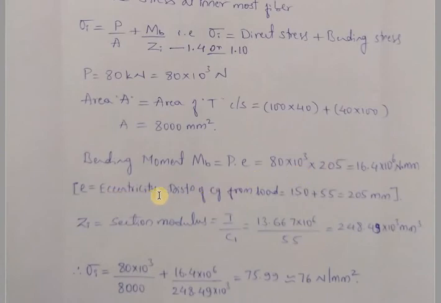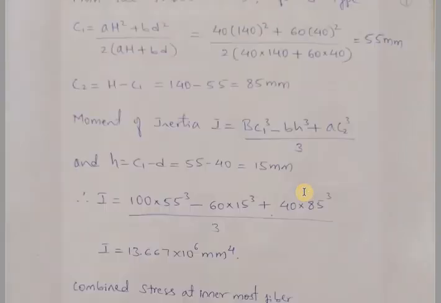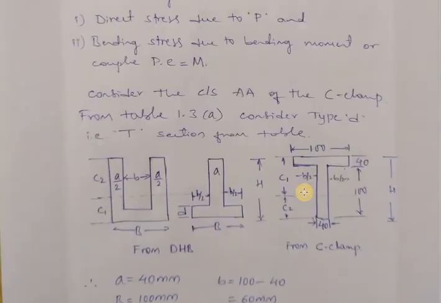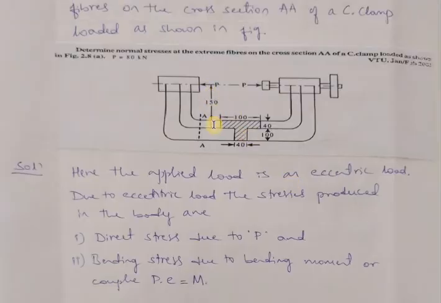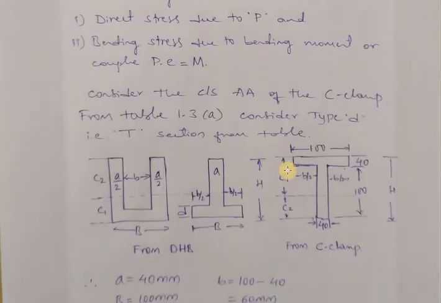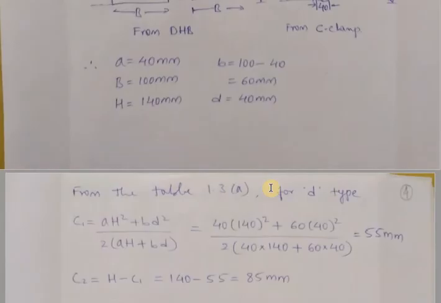We have eccentricity, that is the distance of CG from the load, that is 150 plus the value of C1, because we are finding the bending stress at the CG, innermost fiber. So 150 plus this distance, C1, the neutral axis. This distance you have to consider.